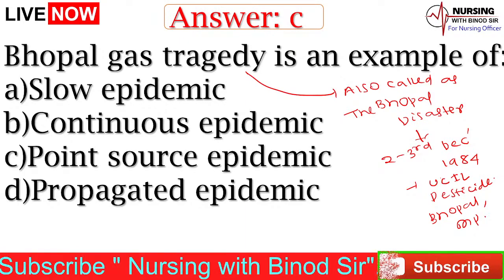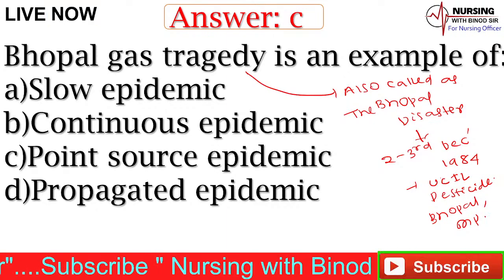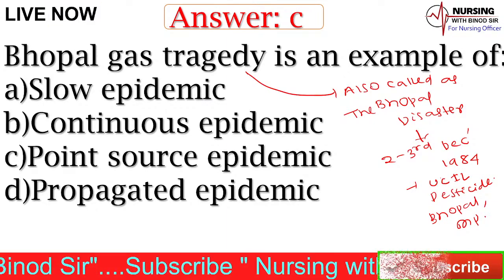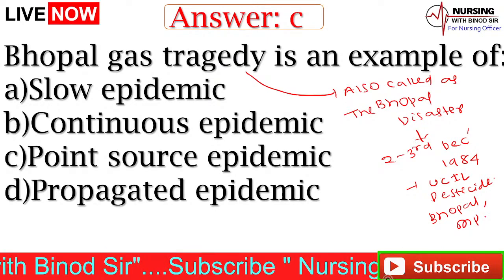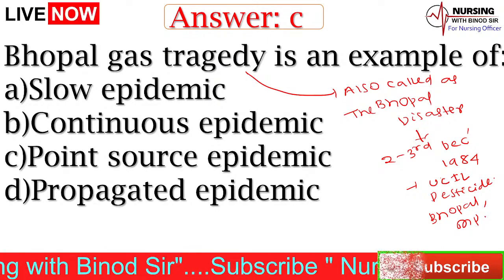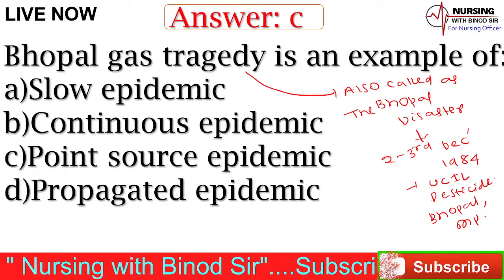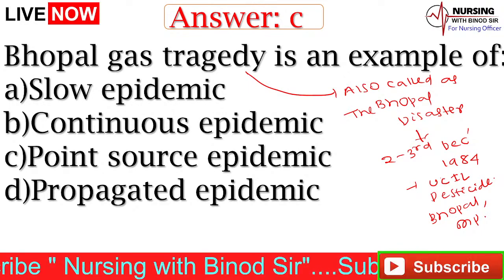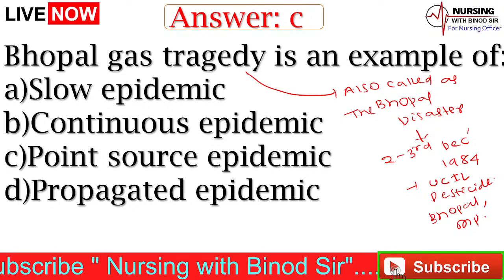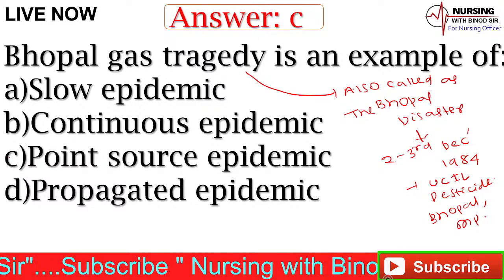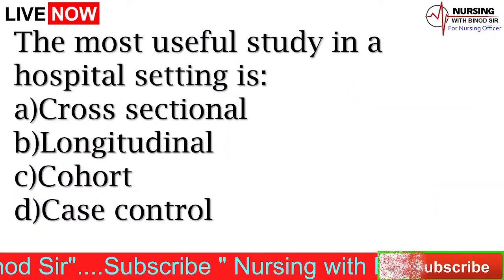You must remember this. Have you got it? Bhopal gas tragedy is an example of point source epidemic. You all have to remember this one. Now we'll come back to the next question.